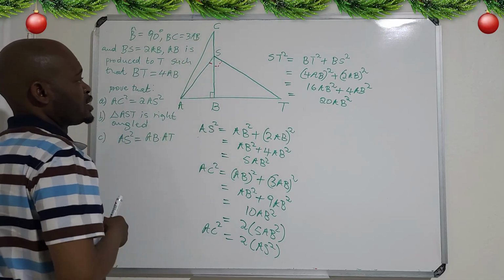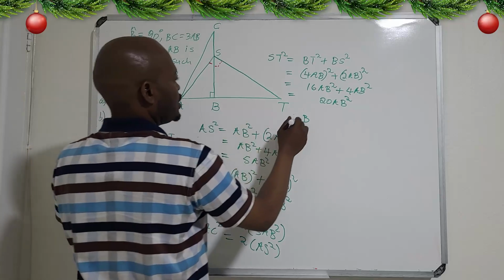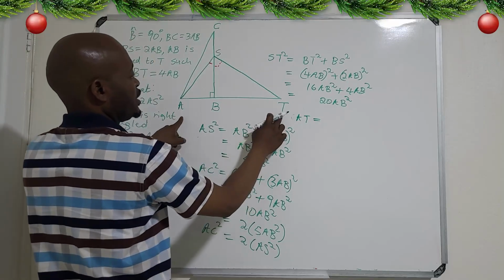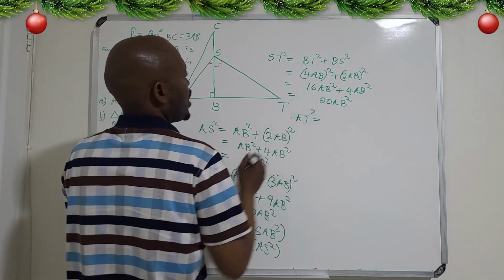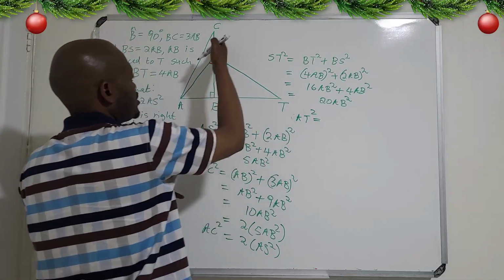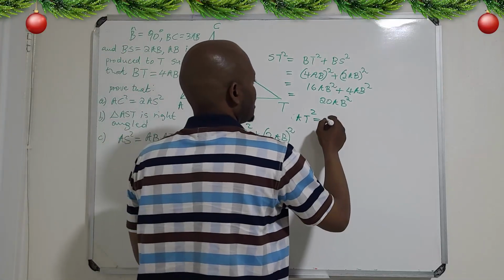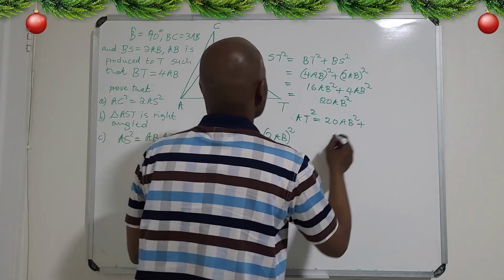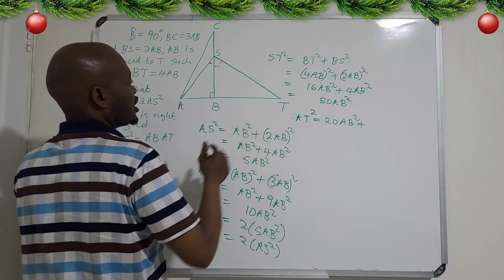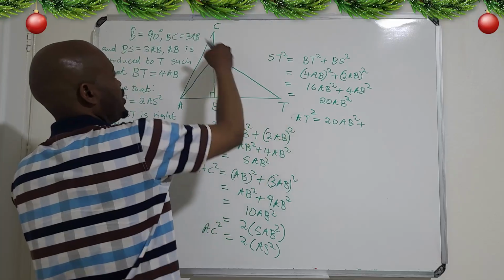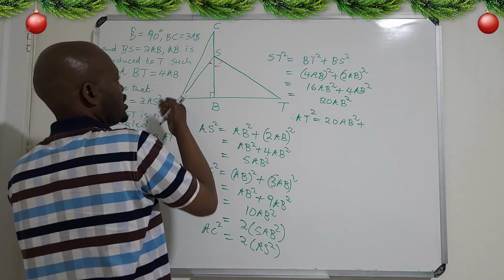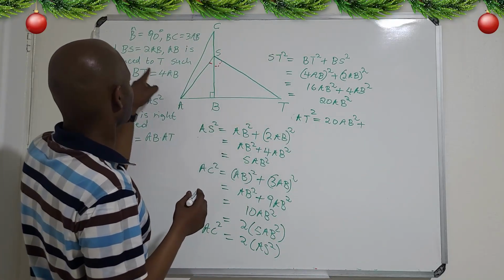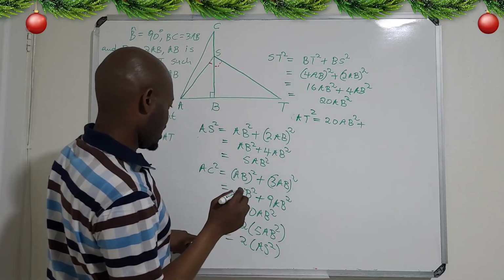We do know that, therefore, AT squared is going to be equal to this squared plus that squared, which is 20AB squared plus AS squared, where's our AS?